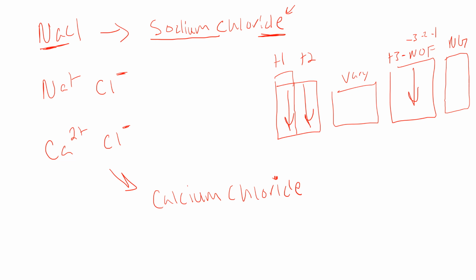I'll give you an example. Let's say, for example, I need to reduce copper 2 sulfide, maybe. That is Cu, and we're going to talk about how we name this. Copper 2 sulfide. So CuS is actually what it is. But this is copper 2 plus, and this is sulfide, which is 2 minus.